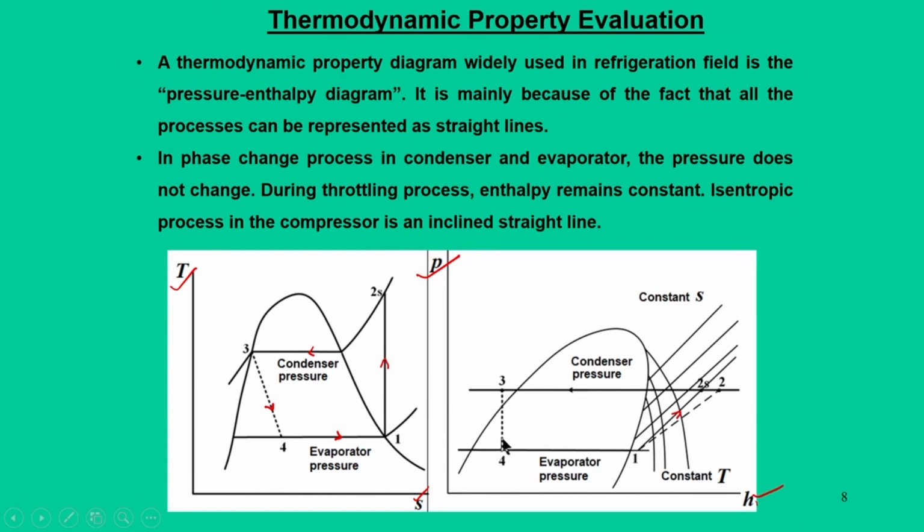From 4 to 1 it is an evaporation process, which is again constant pressure. So, if you look at this diagram, most of the lines are almost straight lines, and for this reason these two diagrams are normally preferred.